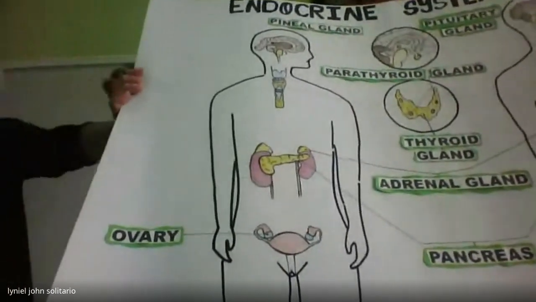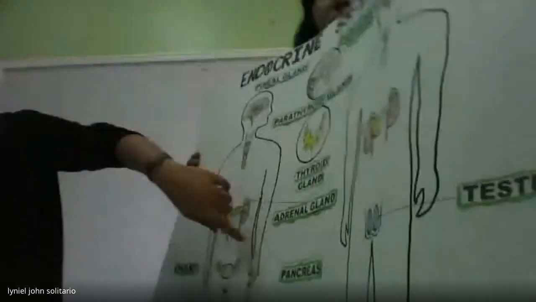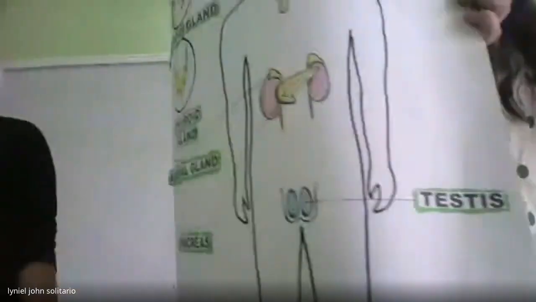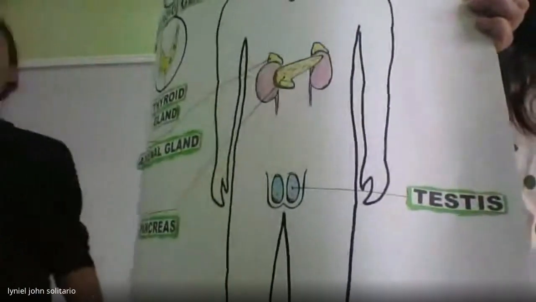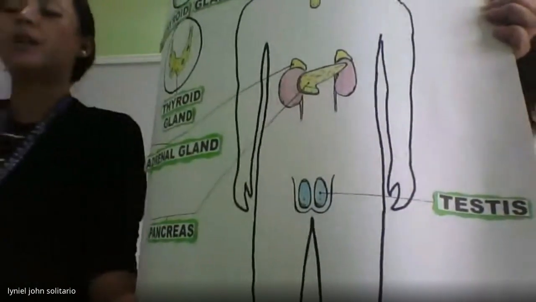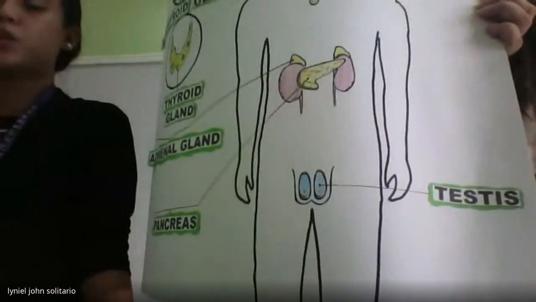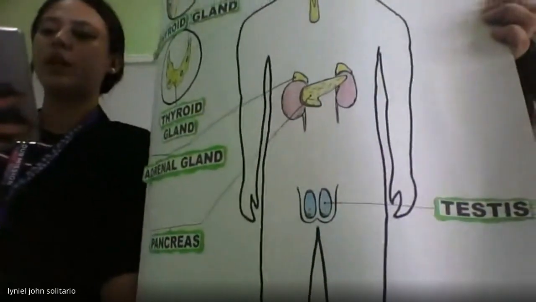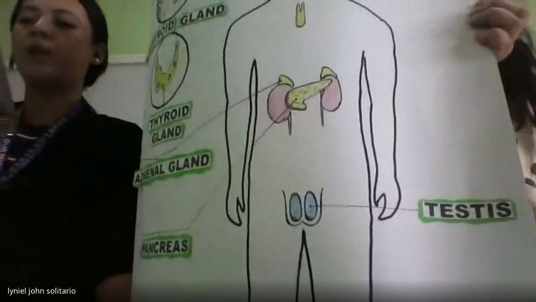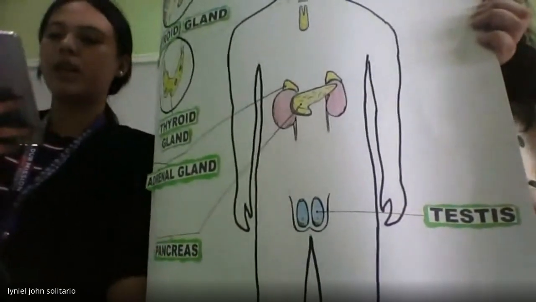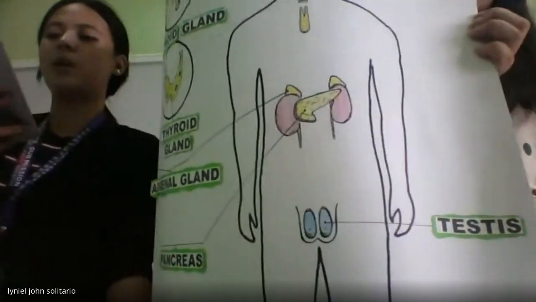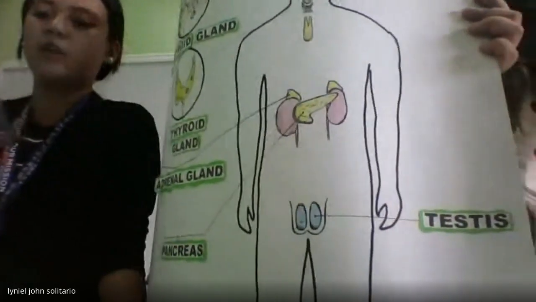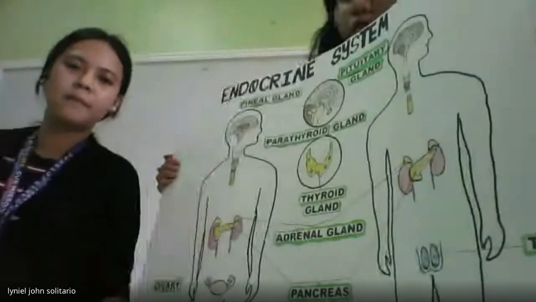The last part, the testes, are located in a pouch that hangs suspended outside the male body. The testes produce the male sex hormone testosterone and generate sperm for reproduction. They influence male secondary sexual characteristics and reproductive functions. That's all po, ma'am.